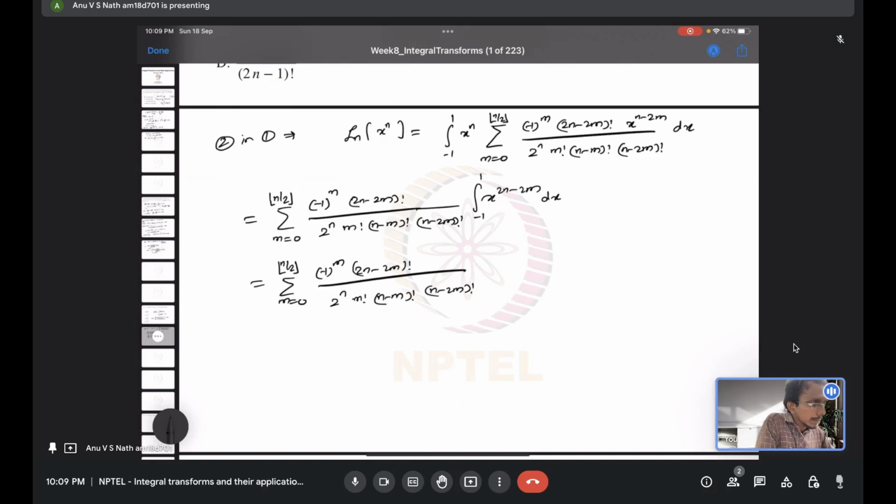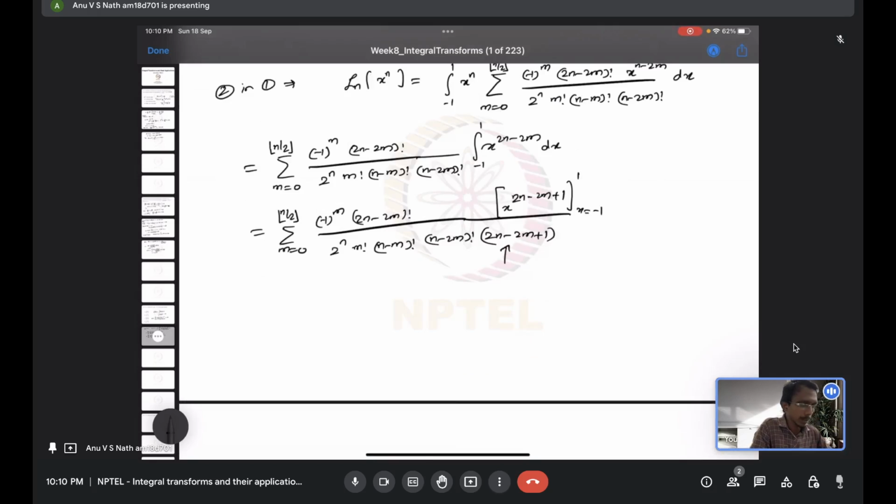So you know the integration of x raised to a is x raised to a plus 1 by a plus 1, where a is a constant or a number. So here it's x raised to 2n minus 2m plus 1 by 2n minus 2m plus 1. And the limit we need to apply for x equal to minus 1 to plus 1. Because this is just a number, I took it outside the limit as well.